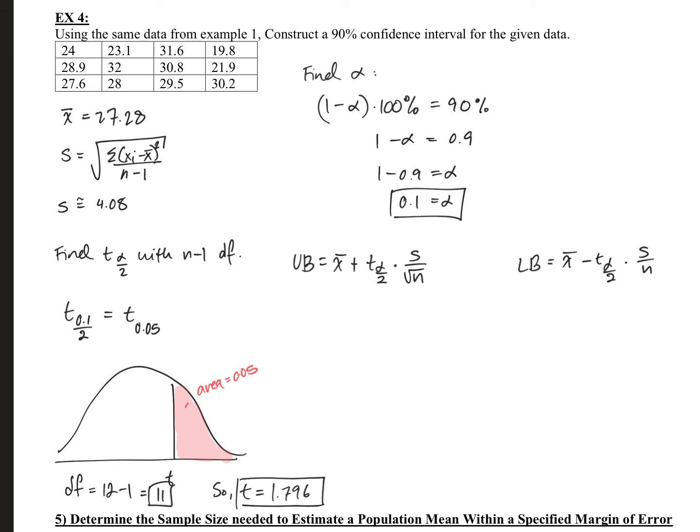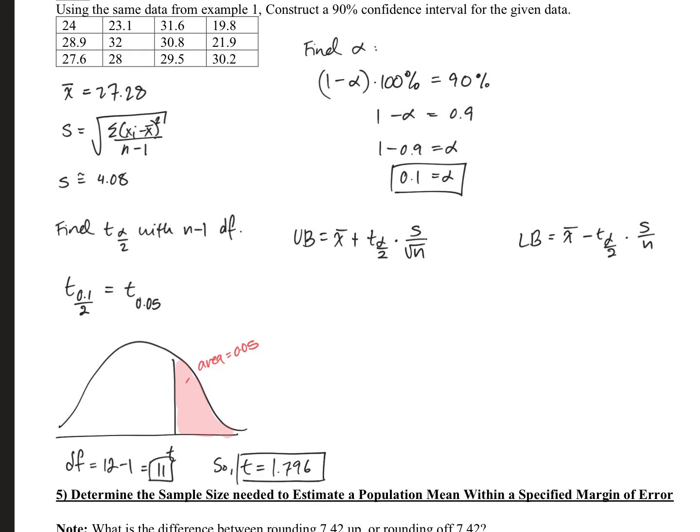Okay, let's go ahead and plug in all the values we found. I'll color code them. So x bar will be that. Let me color code where they go into the equations. And n is 12. We get n from the amount of data values we are given.